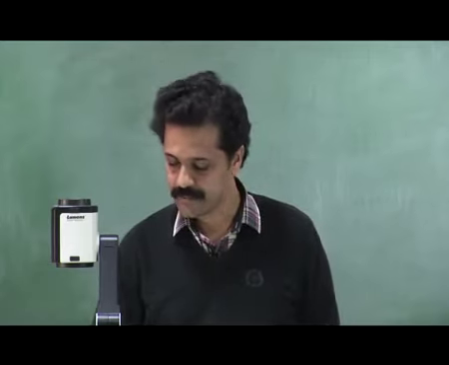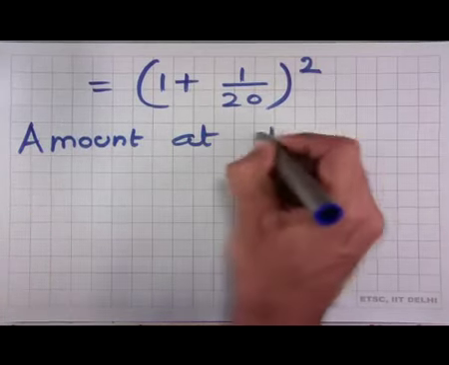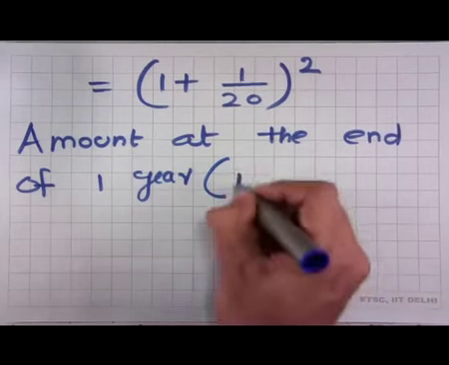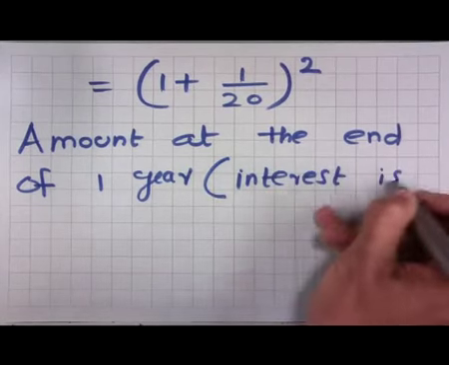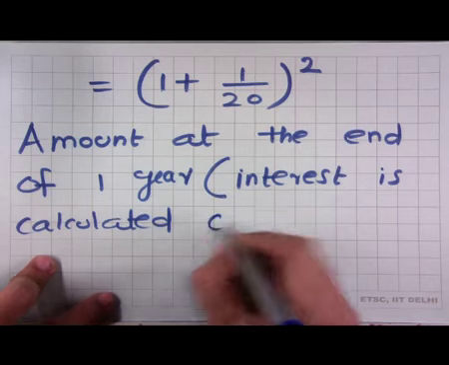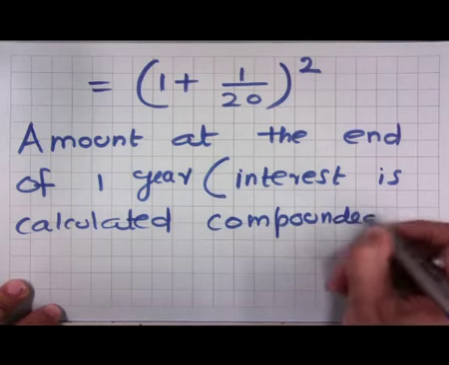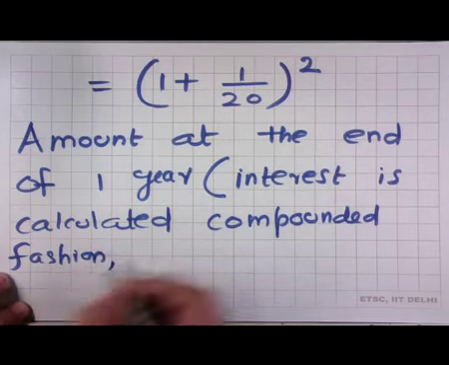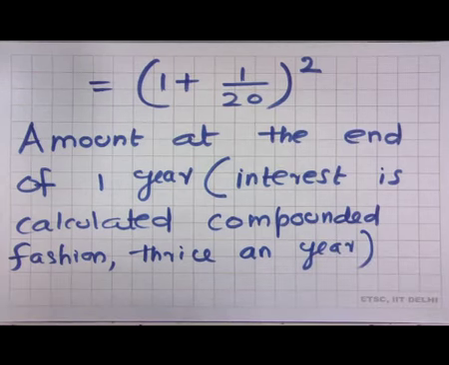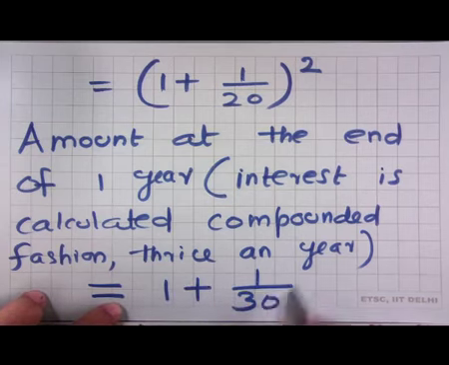By a similar procedure, you can see that the amount at the end of 1 year, when interest is calculated in a compounded fashion thrice a year at equal rest, of course, will be 1 plus 1 by 30 the whole cube.